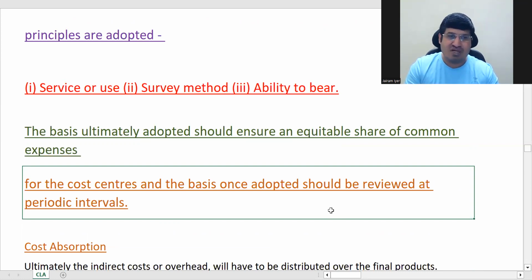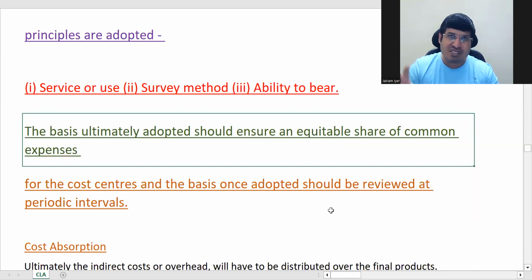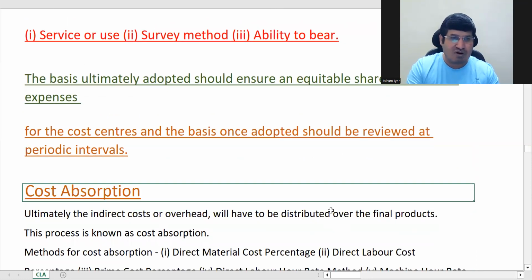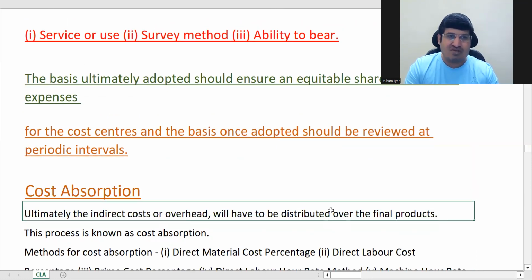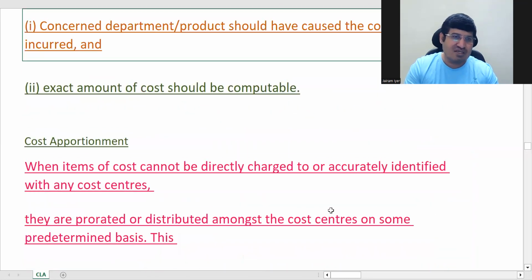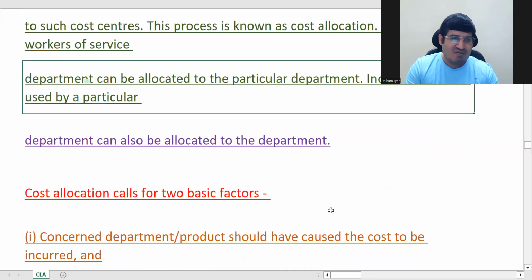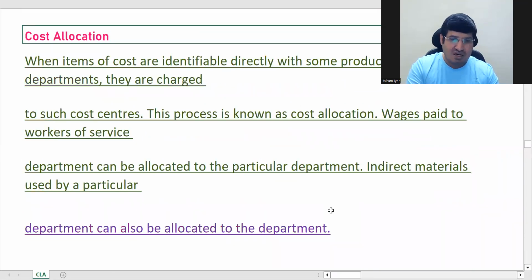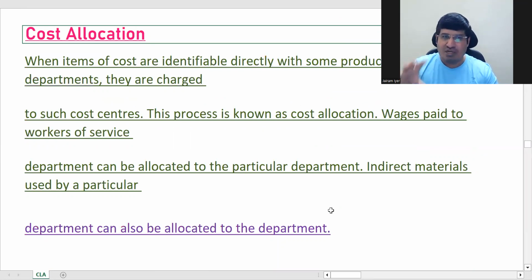Every year, or after some period, you should see whether the apportionment is being done properly or not. So these 2 things are your main thing: cost apportionment and cost allocation. Allocation and apportionment are both methods for distribution of cost from one cost center to other cost centers.